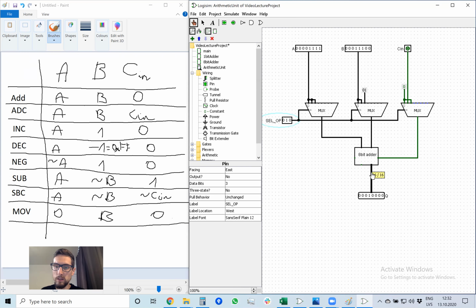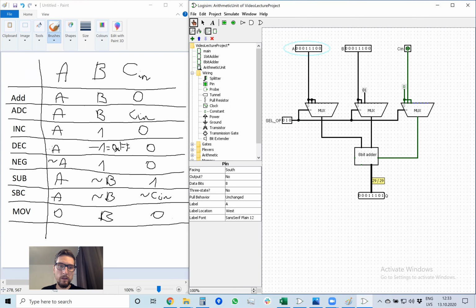And the result is 16. 15 plus 1 is 16. So if we change the value, for example, 28 plus 1 plus 0 is 29. So this thing increments A and puts out A plus 1.